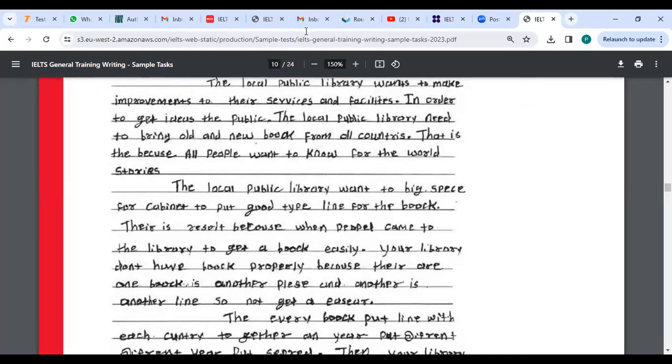The local public library wants big space for cabinet to put good type line for the book. There is resist because when people came to the library to get a book easily, your library don't have book properly because there are one book is another please and another is another line, so not get easier.